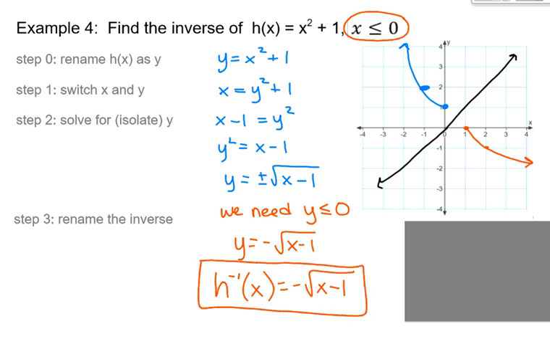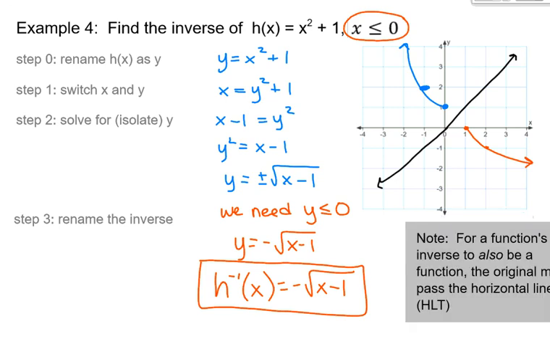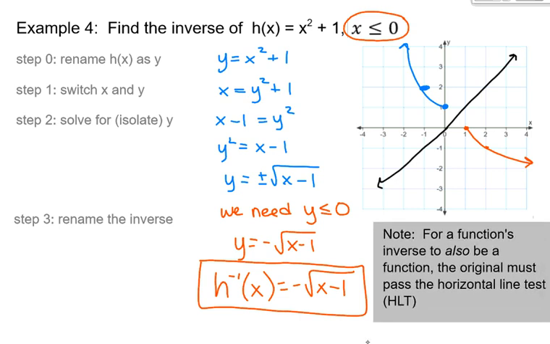Okay, little extra note for you here. For a function's inverse to also be a function, the original must pass the horizontal line test. So if you take a look at my original function, of course it passes the vertical line test, that's what makes it a function, but it also passes the horizontal line test, meaning every time you pass a horizontal line through, you only go through one point, never more than one.